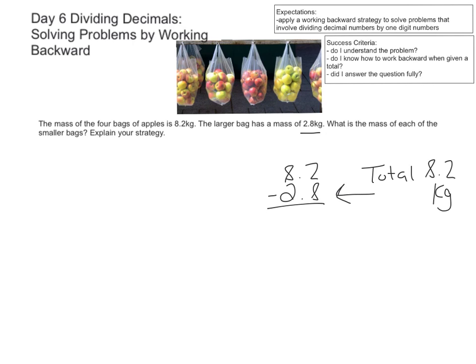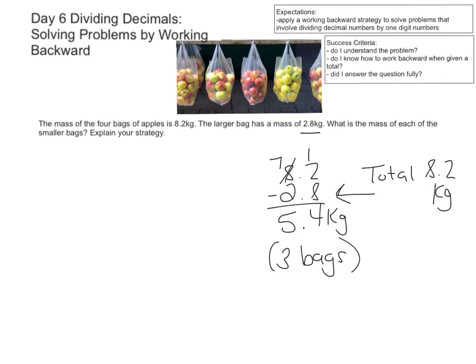And what's that answer? 5.4. Because we can't subtract 8 from 2, so we have to take 1 from the 8, make that a 7, and do 12 minus 8, and then 7 subtract 2. So we have 5.4 kilograms is the mass of the 3 bags altogether.